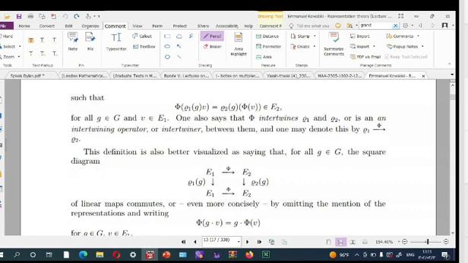rho 2 of G composed with phi must be equal to phi composed with rho 1 of G. Please note that for any G in our group G, rho 2 of G is a linear map from E2 to E2, and rho 1 of G is a linear map from E1 to E1. Okay, so this diagram is well defined.